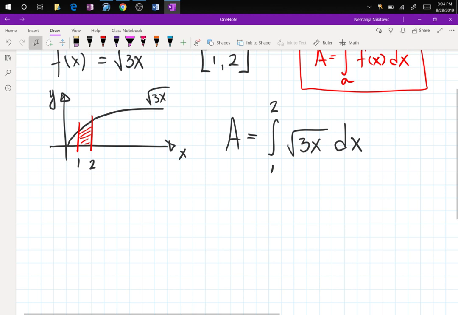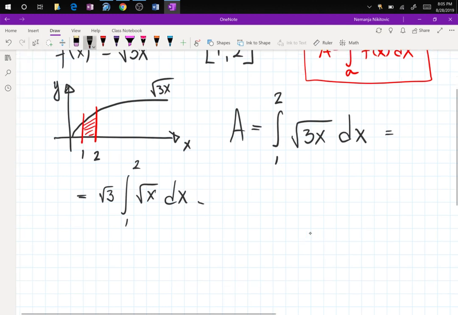You can either use u substitution, or you can be clever with algebra, because square root of ab is the square root of a times square root of b. So we can split this function into two, and then kick square root of 3 outside of the integral because it's a constant.